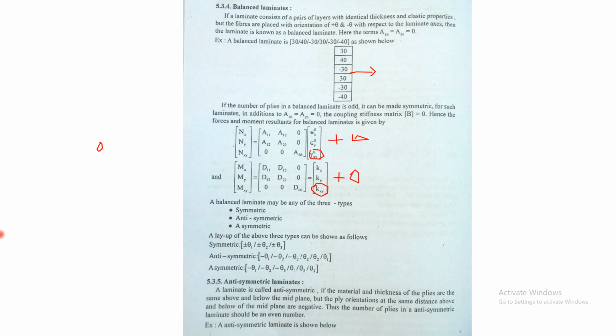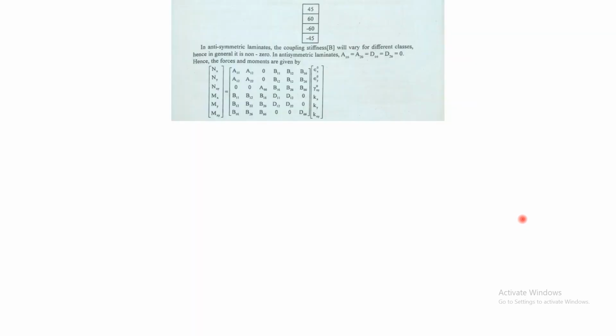Okay, and the next one is anti-symmetric laminates. The anti-symmetric laminate is a laminate which is opposite to the symmetric laminate. If I go to this figure, the midplane comes here itself.